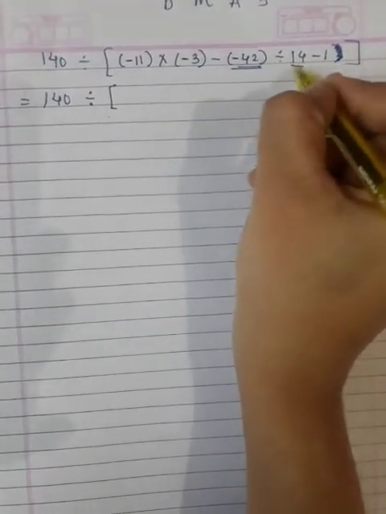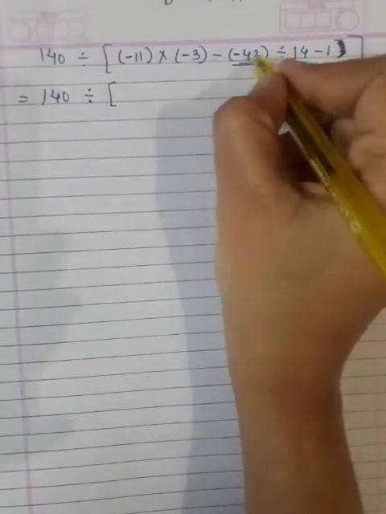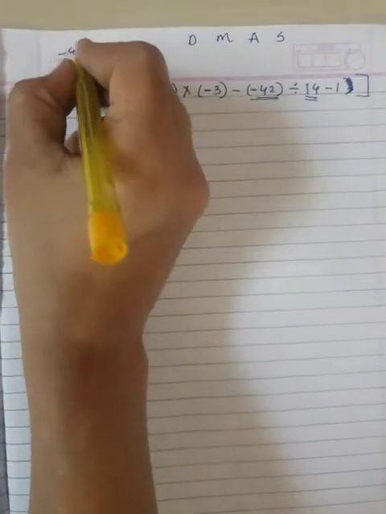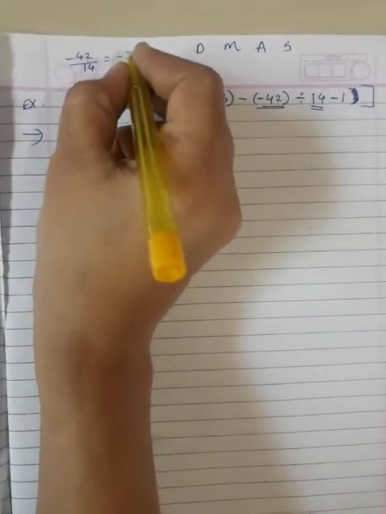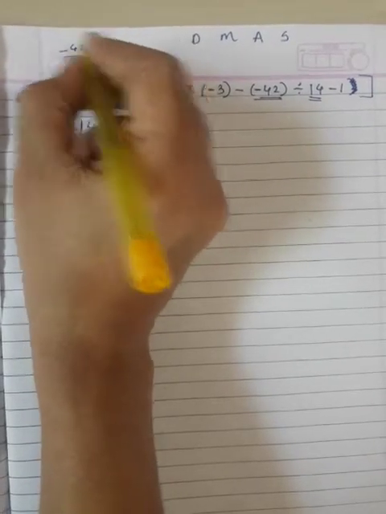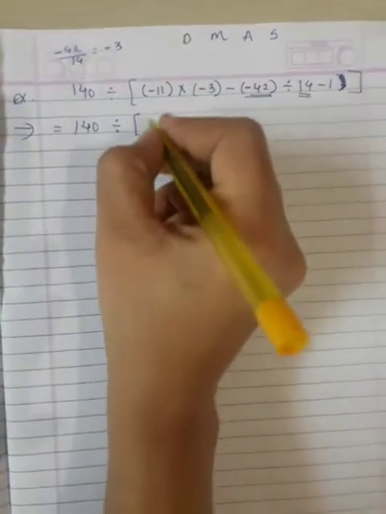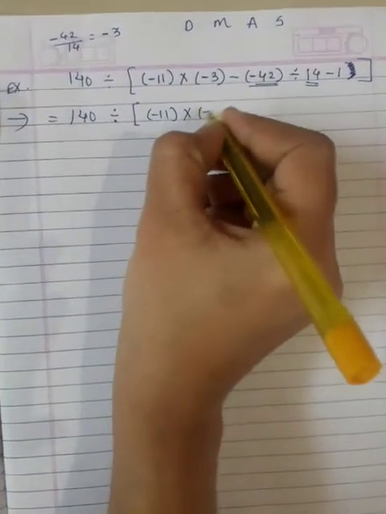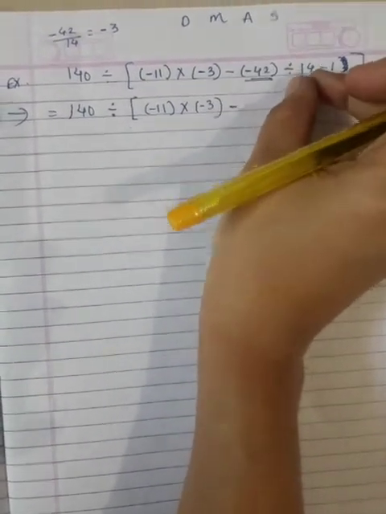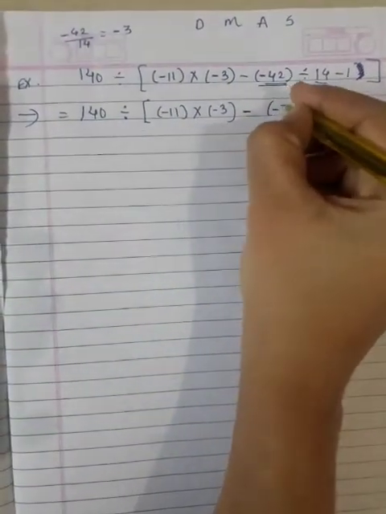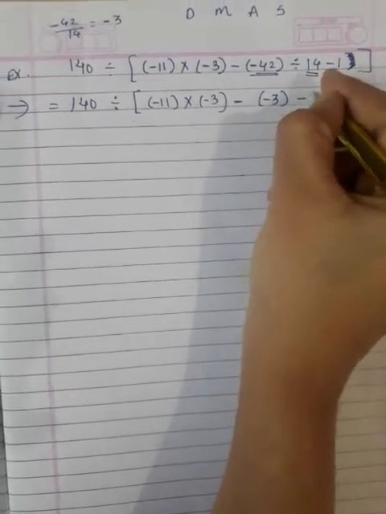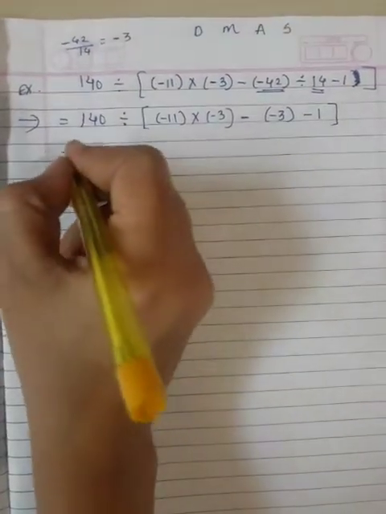When we divide minus 42 by 14, we get minus 3. 14 threes are 42, and put the minus sign. So minus 11 multiply by minus 3, minus 42 divided by 14 gives you minus 3. As this is a negative number, write it in brackets. Now what remains? Minus 1, and square bracket completed.